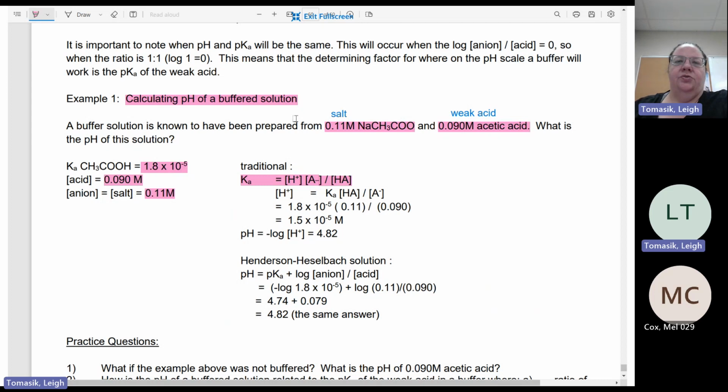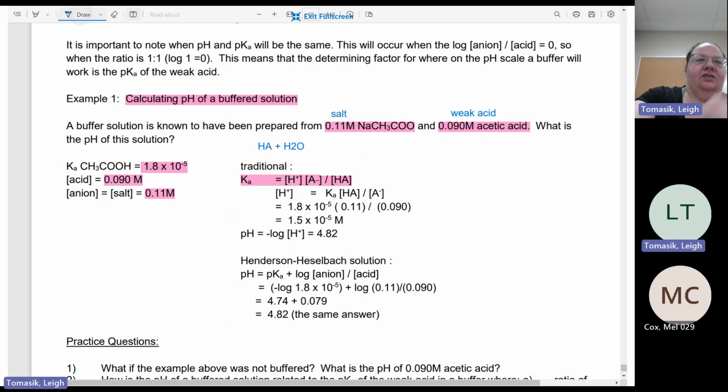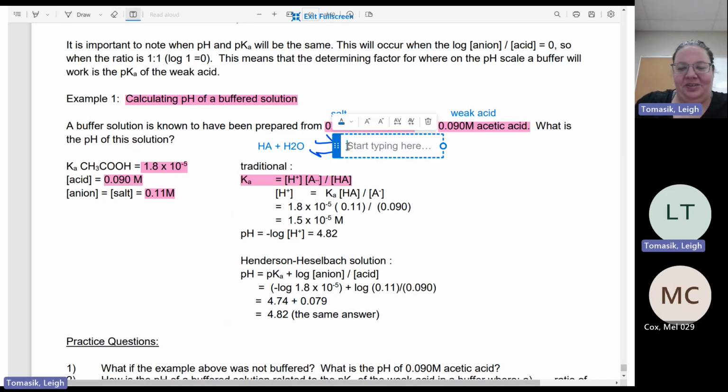The equilibrium reaction is this: HA plus H2O, pretend those look like equilibrium arrows, makes H3O plus and A minus, right?